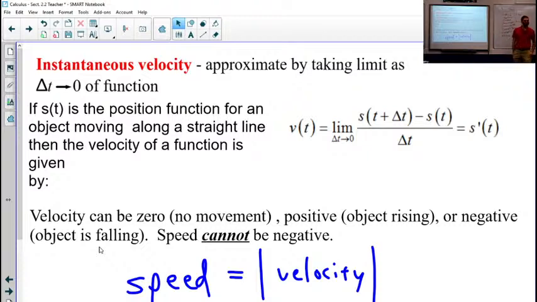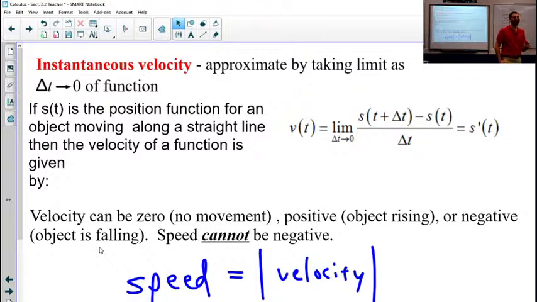If the velocity is 0, that means that we are not moving. If the velocity is positive, that means we're moving in a positive direction. So usually when we talk about that, that means we're going to be moving to the right. And then a velocity being negative tells me that we're moving in a negative direction. That's why usually we don't talk about velocity when we're talking about how fast something is traveling.